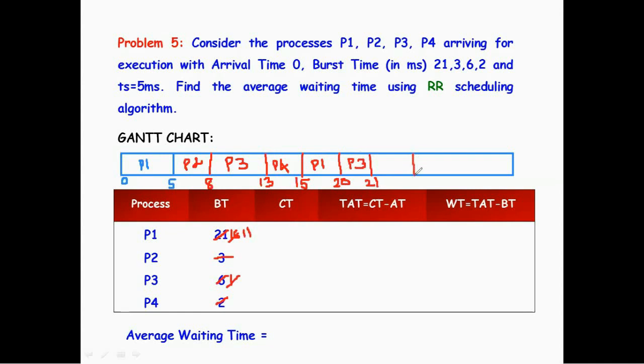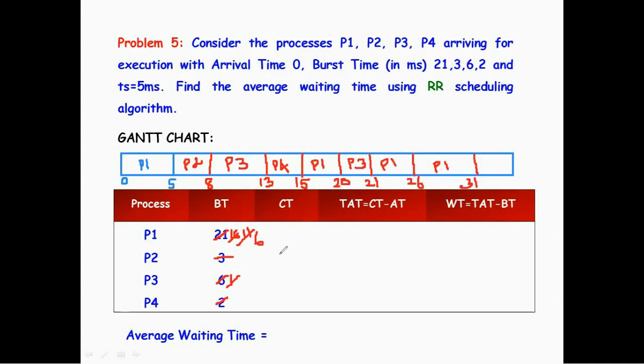P1 needs 11 milliseconds for completion. Now again 5 milliseconds will be allocated, which will be 26. Still P1 needs CPU for 6 milliseconds. Again P1 will be allocated 5 milliseconds. So 26 plus 5 is 31. From 26 to 31, P1 again gets scheduled.